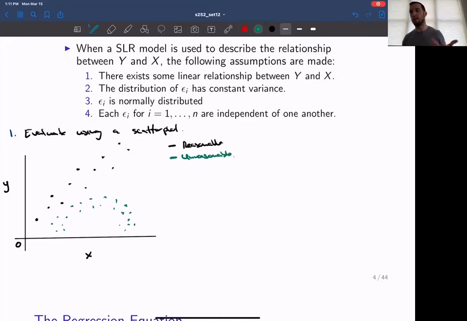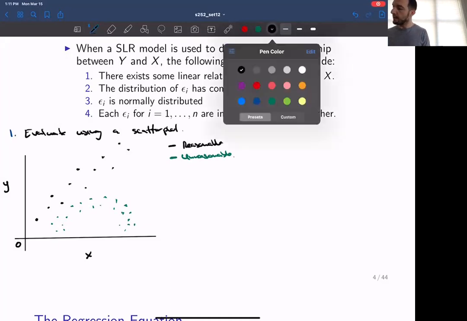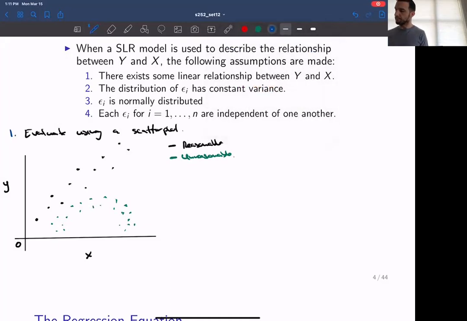So the first assumption we can simply validate using a scatter plot of the raw data itself. Now the second and third assumptions, those would have to be validated using residual analysis. And we'll talk a bit about that a little later in the lecture set.